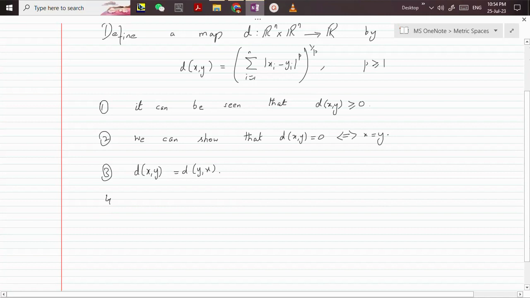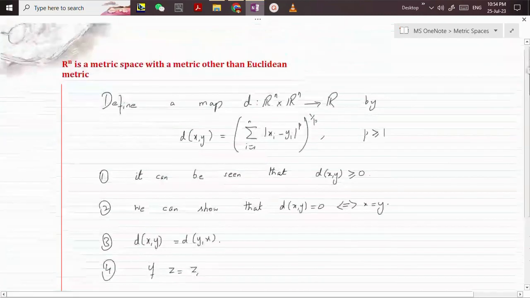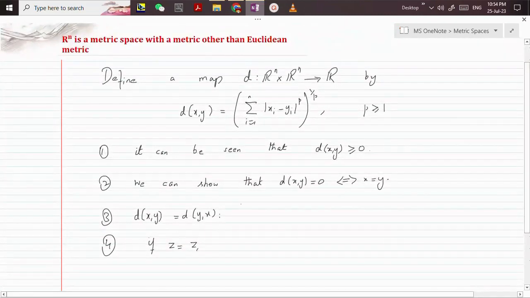Then the next is that we shall prove that the triangle inequality holds. So we must prove that D satisfies the triangle inequality. Here you must write x and y. X is equal to x1, x2 and so on up to xn, this is the n tuple, and y is equal to y1, y2 and so on up to yn, this is the n tuple.